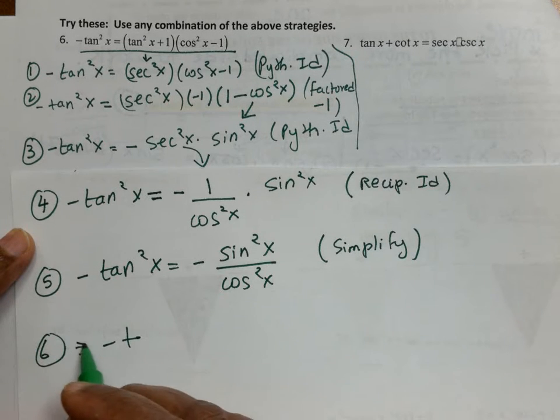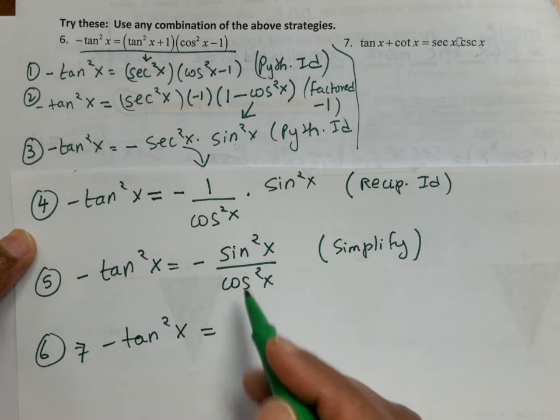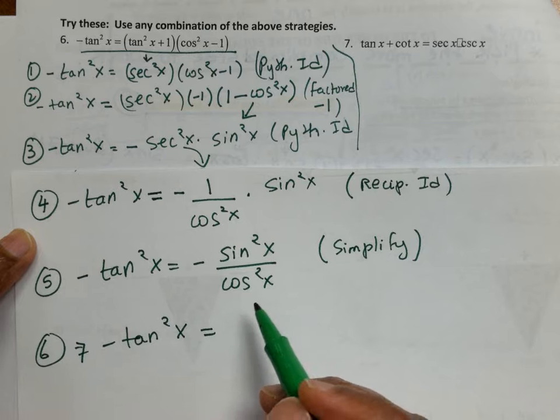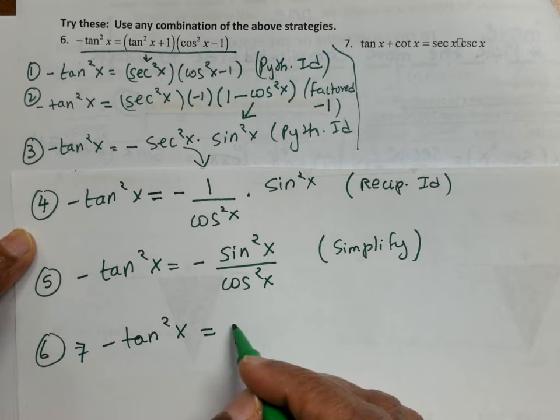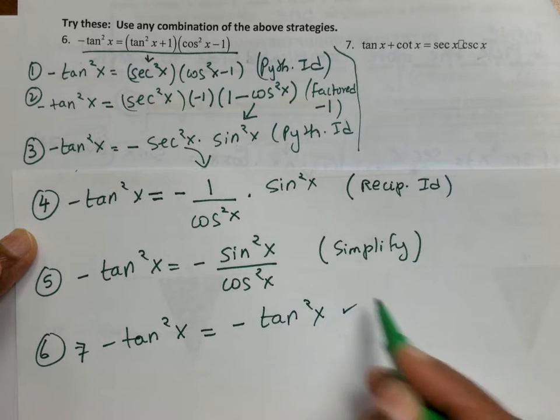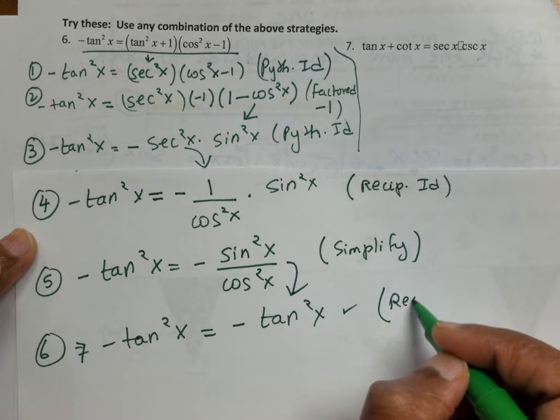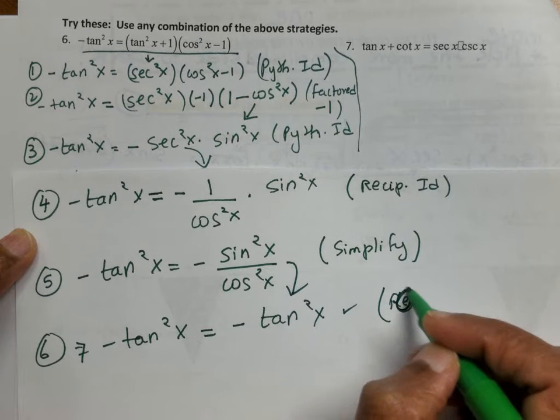So this side stays as is, and we know that sine square over cosine square is tan square, so negative tan square x. So I got my answer, but what did I use from here to here? I used quotient ID.